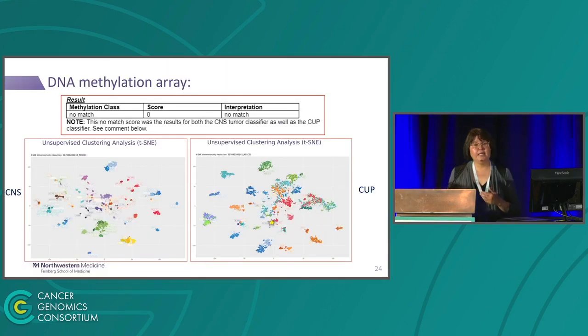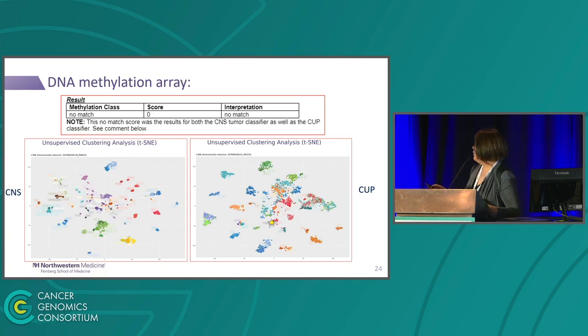And as you can see, both analyses, with CNS classes and with, here I still use the old name for carcinomas of unknown primary, now it's tumors of unknown primary, didn't show any match at all. So we still don't know what the tumor type is.